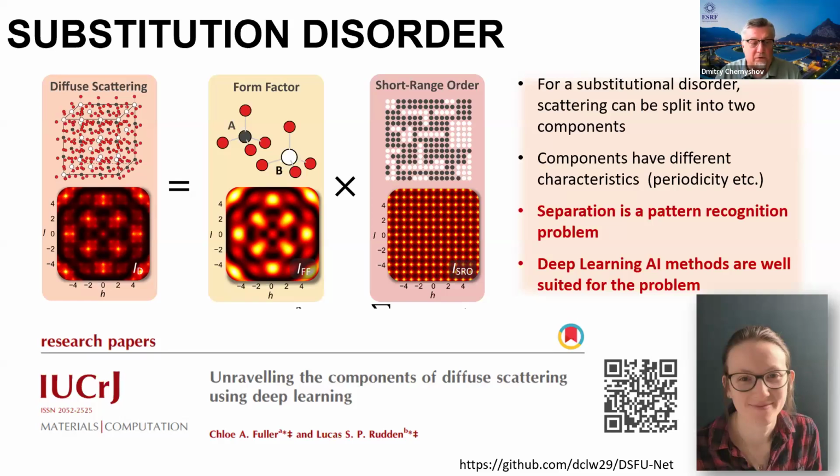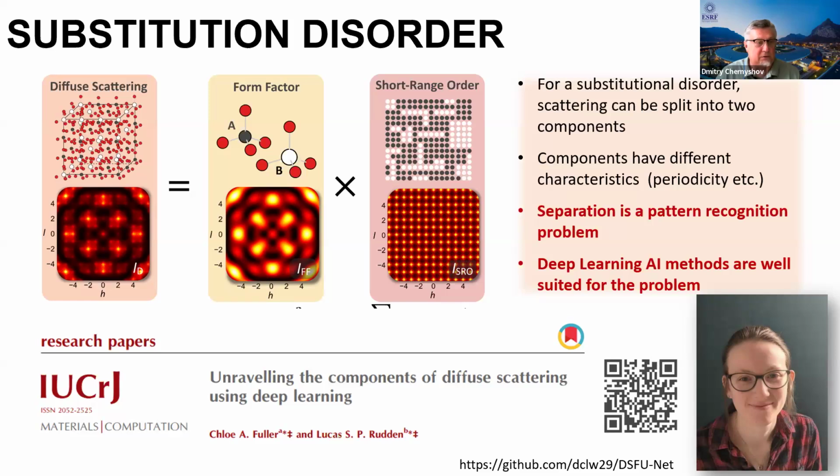Chloe is our former postdoc. She generated more than 100,000 artificial data sets used to train the deep learning algorithm, and in the end the algorithm starts solving the problems. You're welcome to download and try this software using this barcode and this address at GitHub. And the more we solve, the better it will work.